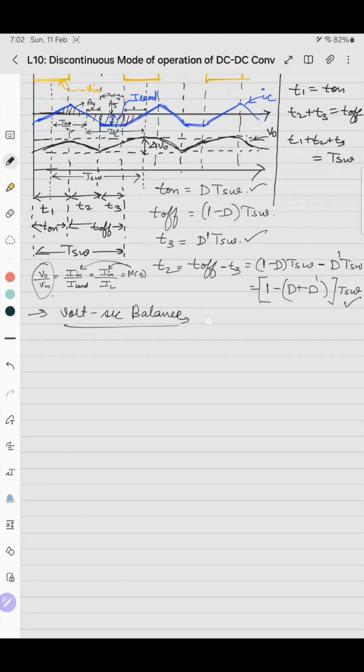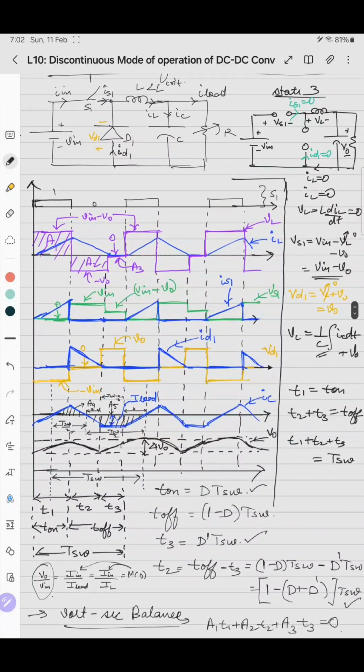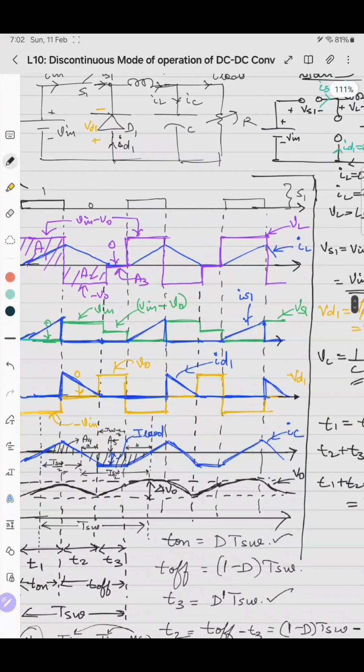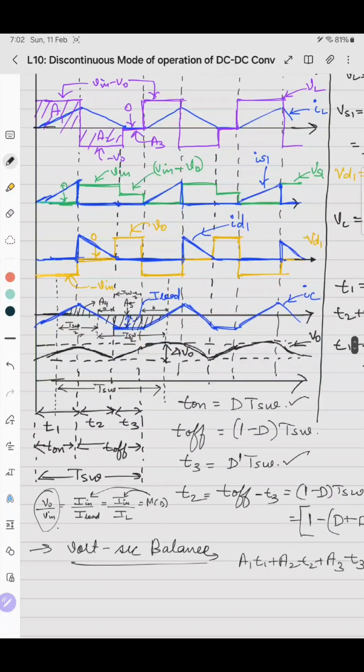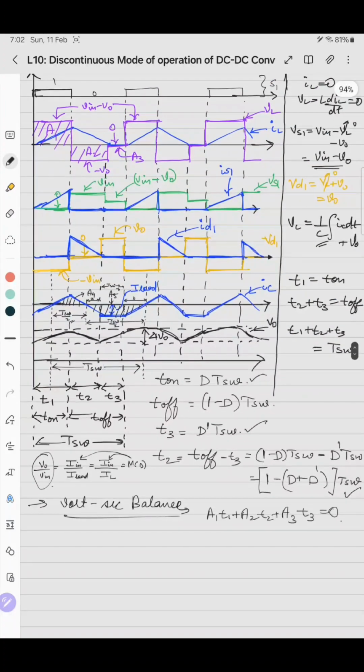So volt second balance is that A1 into T1 plus A2 into T2 plus A3 T3 becomes 0. So we have to do volt second balance. We have to see the areas in the graph of voltage across the inductor. So A1, A2 we have, but A3 is 0. So A1 is what?